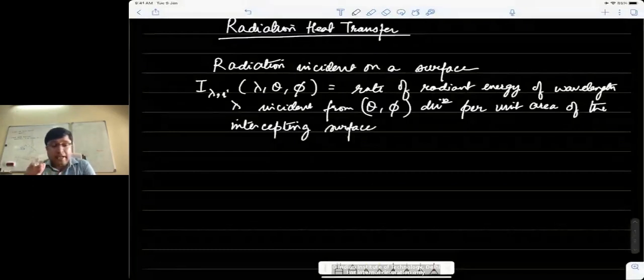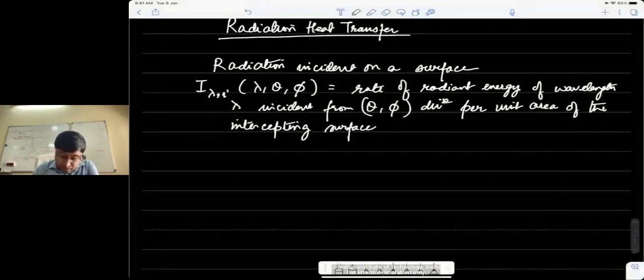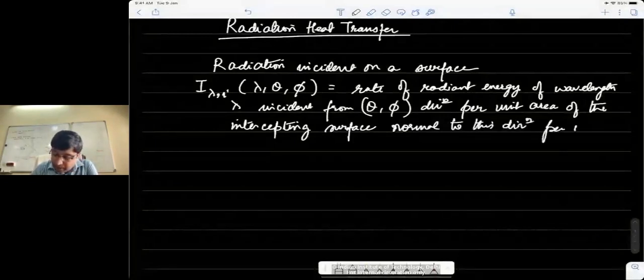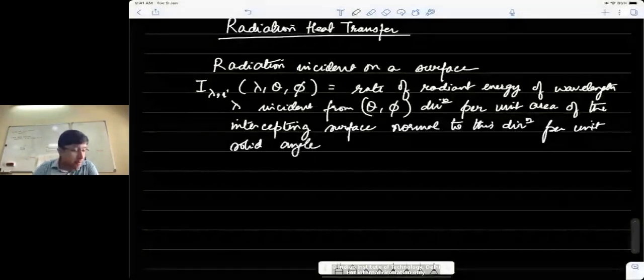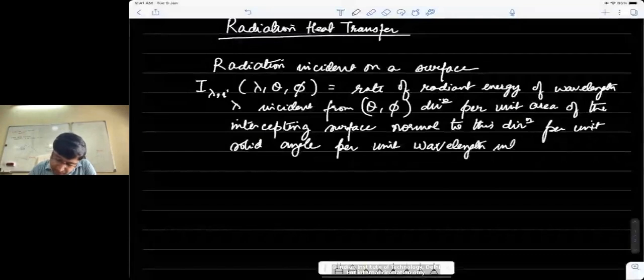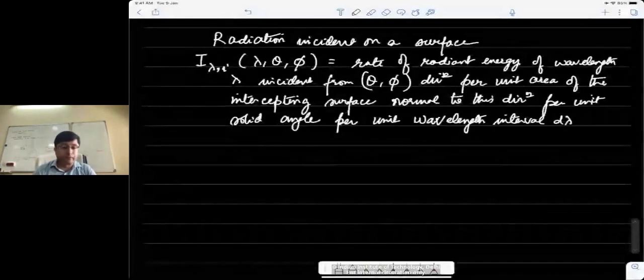But this area is not just any area, it is also the projected area. So that is area along the normal, or area perpendicular to the normal, the way you want to say it. So intercepting surface, which is normal to this direction. And I'll show you by a simple sketch. Per unit solid angle about this direction, and per unit wavelength interval, which is dλ, about λ, of course.